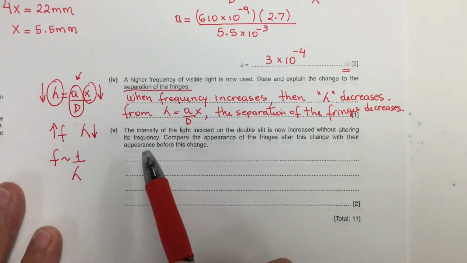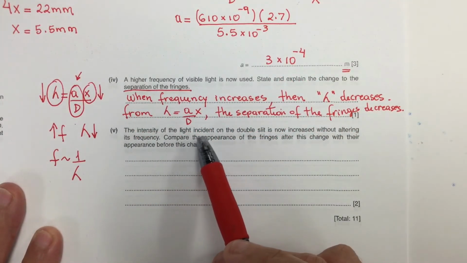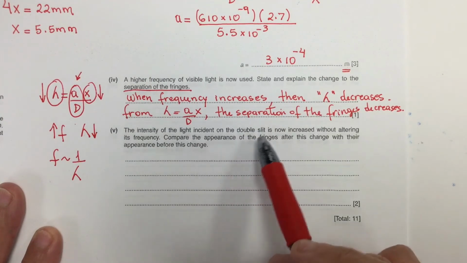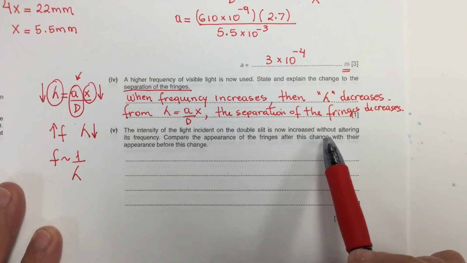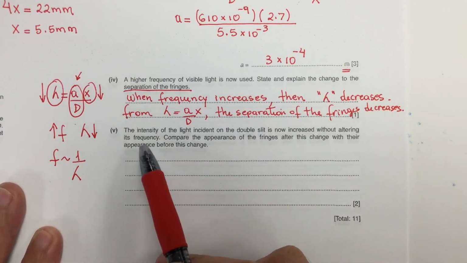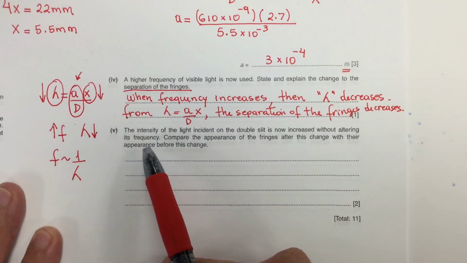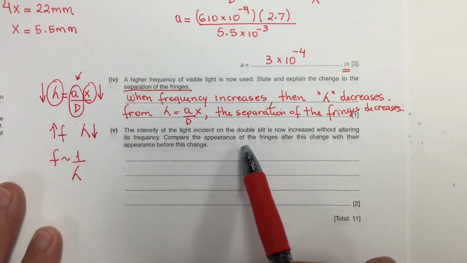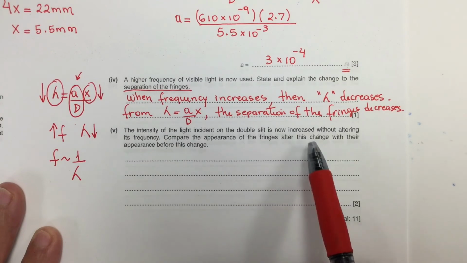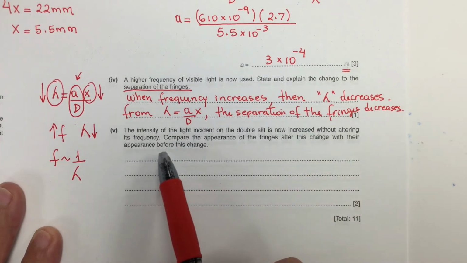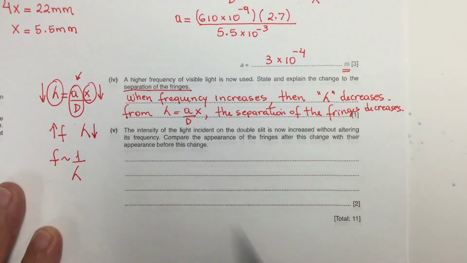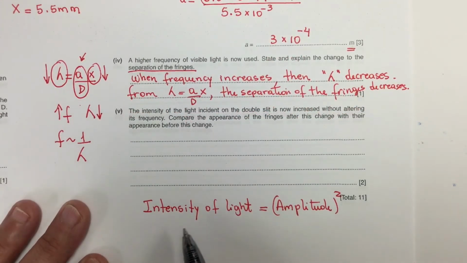Next question. The intensity of the light incident on the double slit is now increased without altering its frequency. Compare the appearance of the fringes after this change with their appearance before this change. Let me answer this question based on this information.